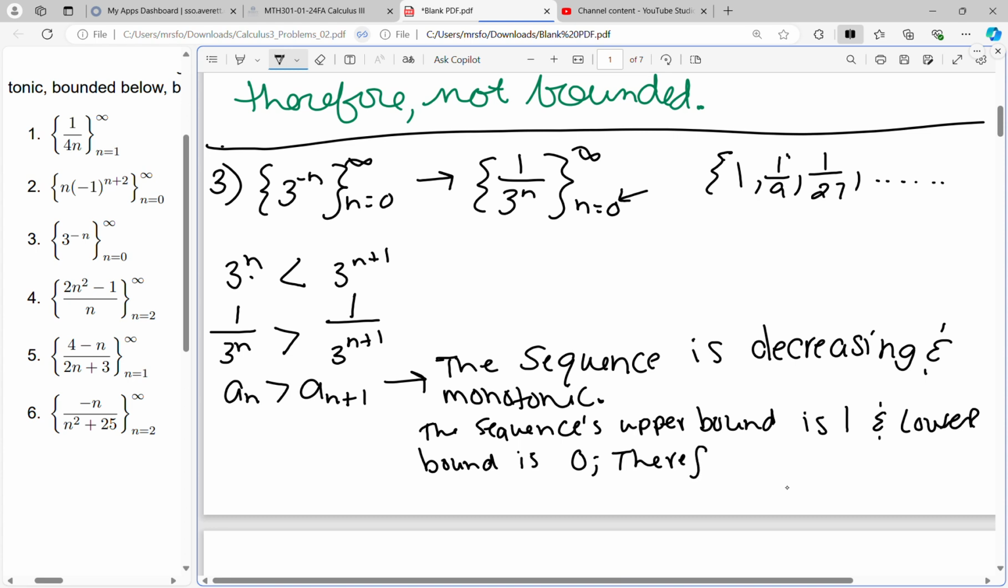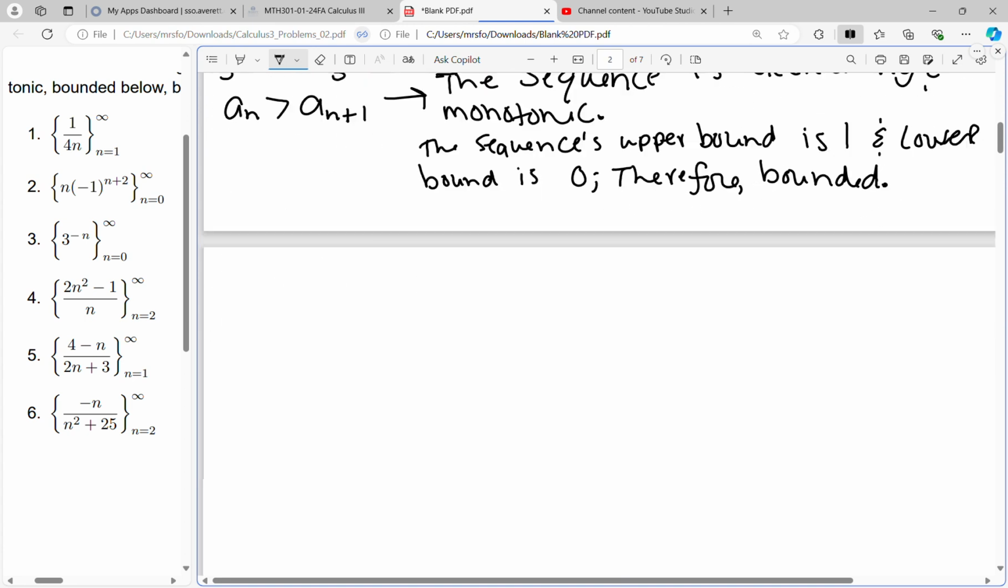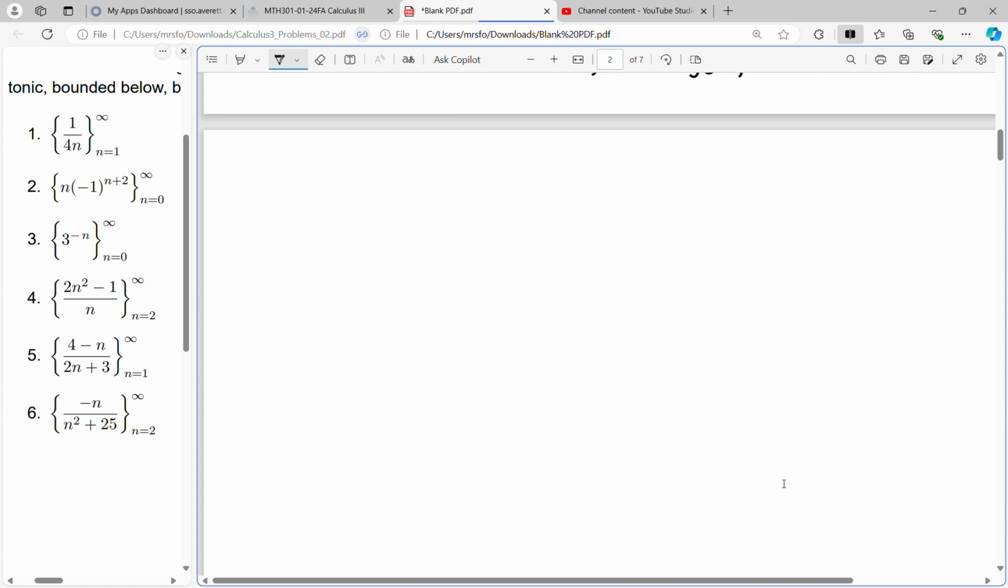Therefore, it is bounded. If it's bounded above and below, then it is bounded. Okay, so we're halfway. We're going to look at number 4.